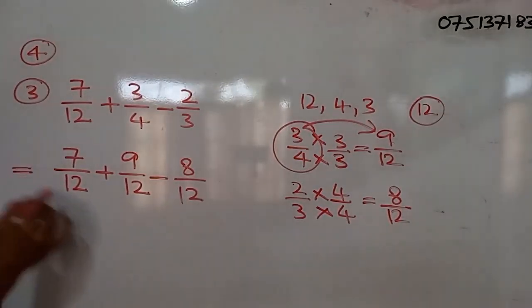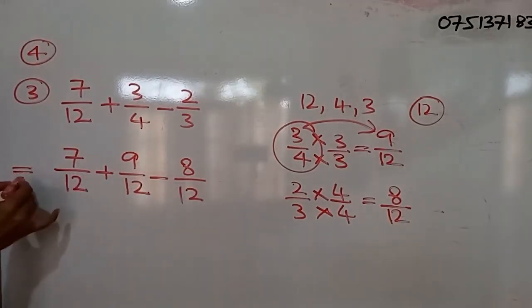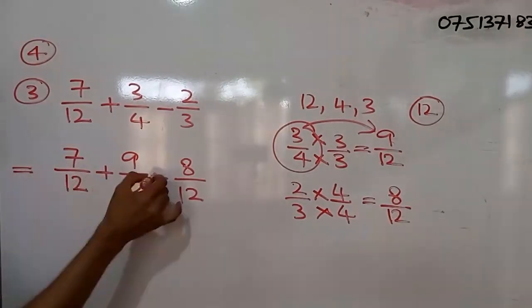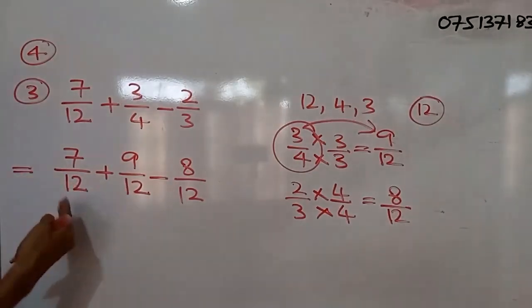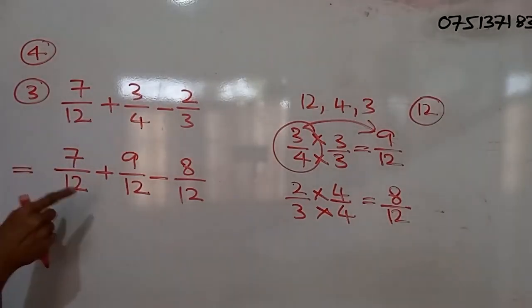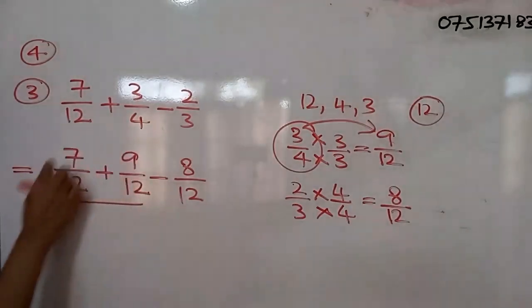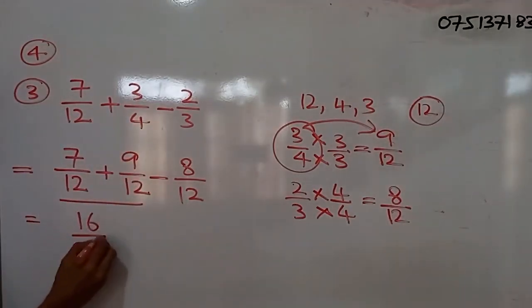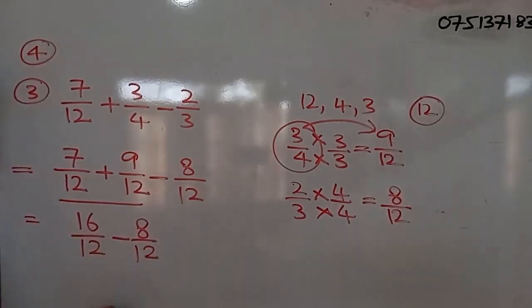Right? So we have an addition and a subtraction. So we have to start from the left. Addition and subtraction have the same priority. So here if we simplify these two fractions we get what? 16 by 12. Then minus 8 by 12.